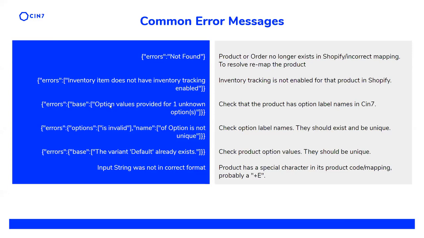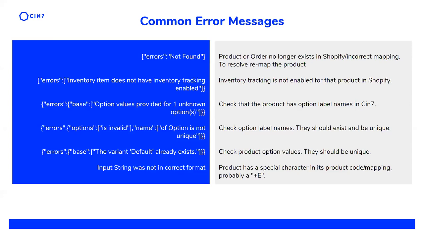For base option values provided for one unknown option, as I mentioned earlier for the product setup, that means that, say, your option 1 label, option 2 label doesn't have a name. So on Shopify, they also have variants where you would put the name of that actual option, so be it a color or flavor, and then under that it would have the individual colors, say blue, red, and green.